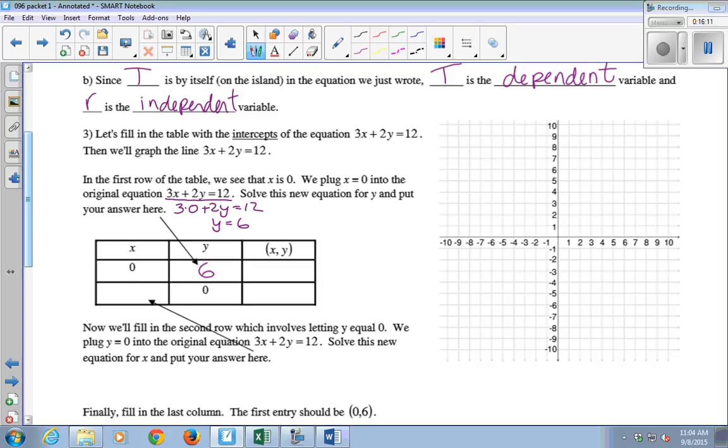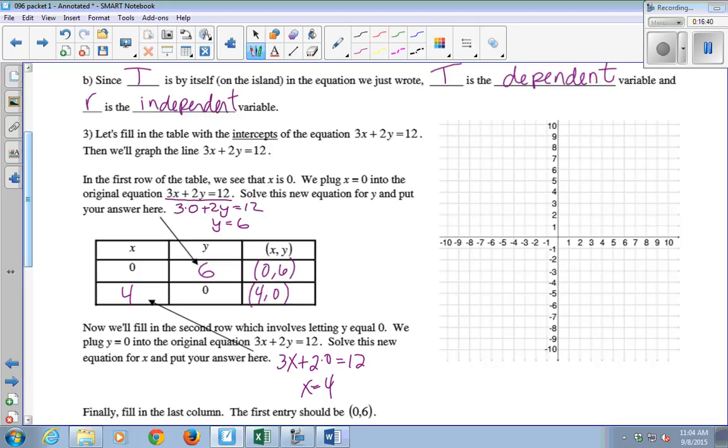And then in the next row, I made the y a 0. So in 3x plus 2y, I'm going to make that y a 0. Solve for the x, what do you get? 4. So I'm going to put a 4 over here. So these are called my intercepts, right? I've got (0, 6) and (4, 0).